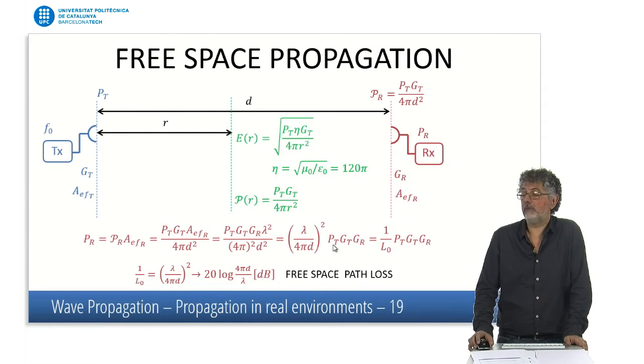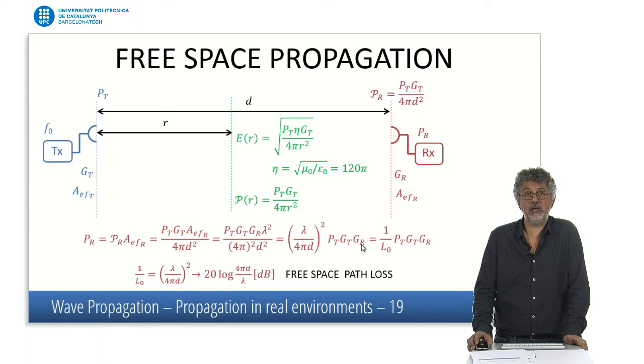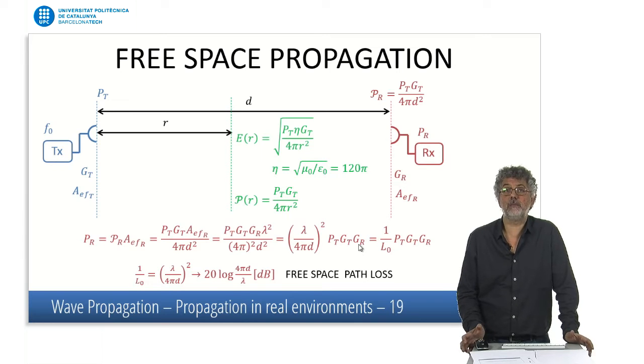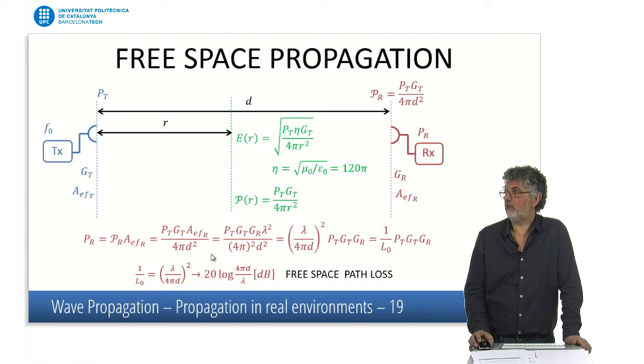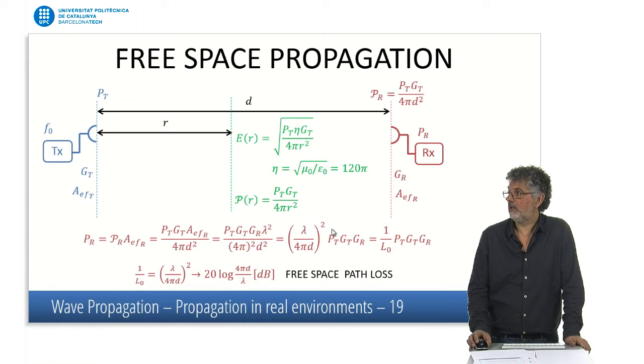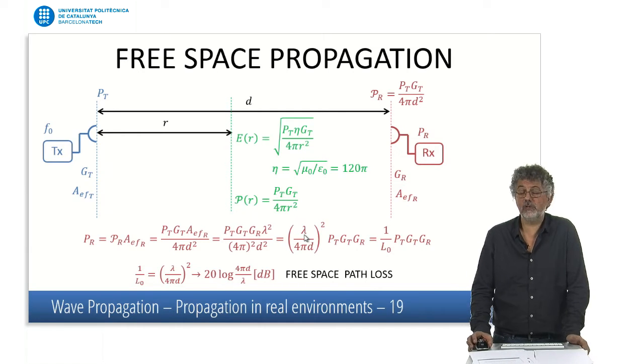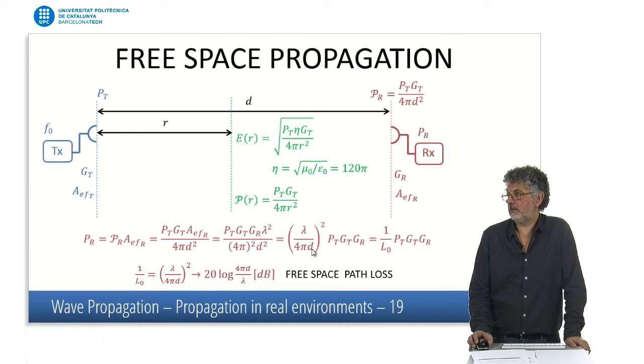Here we have the transmitted power, the gain of the transmitting antenna, and the gain of the receiving antenna. Of course, those parameters depend on what sort of antennas we are using, the power we're using, and so on. But we have this term that depends on lambda, the wavelength, that is the frequency, and the distance.